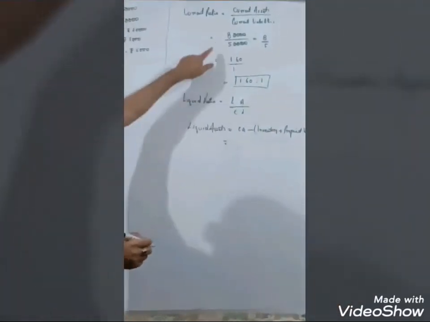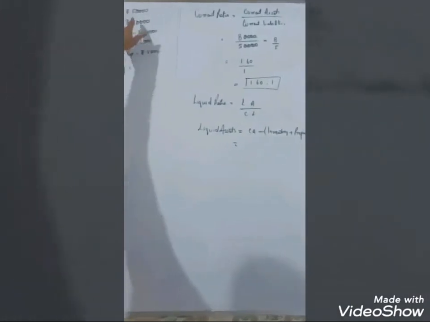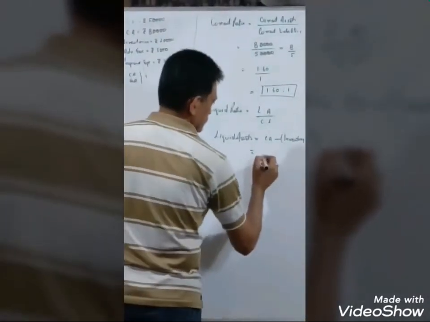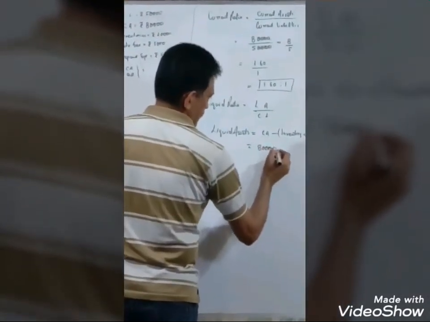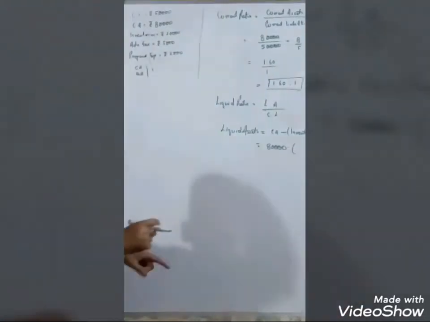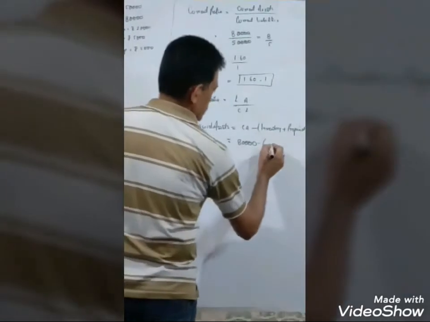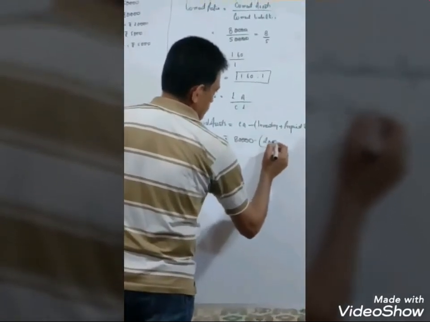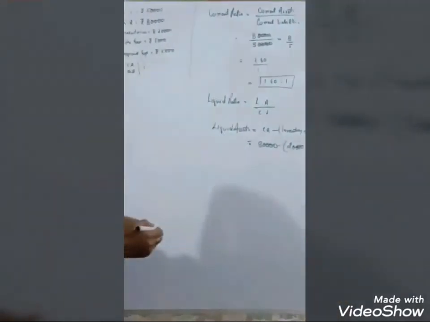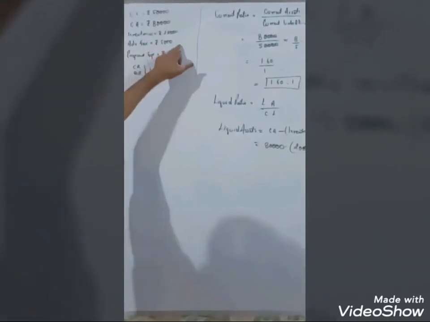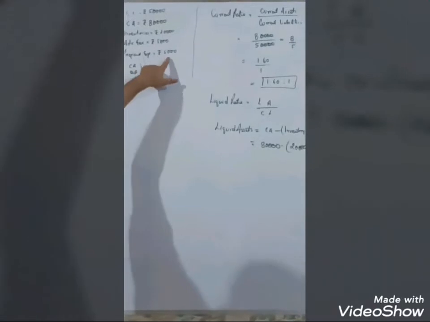Current assets 80,000, that is already given, 80,000 minus inventory. Inventories are rupee 20,000. Prepaid expenses: there is advance tax rupee 5,000 and prepaid expenses itself rupee 5,000.